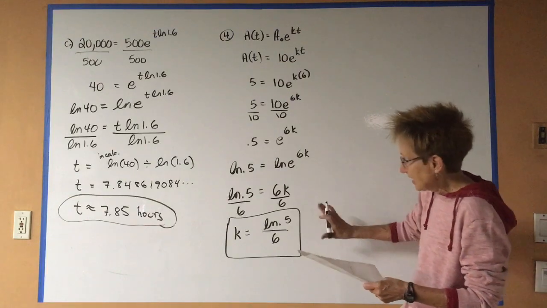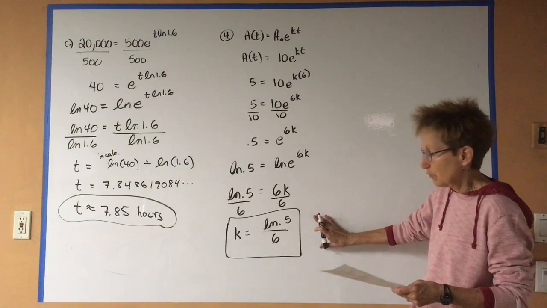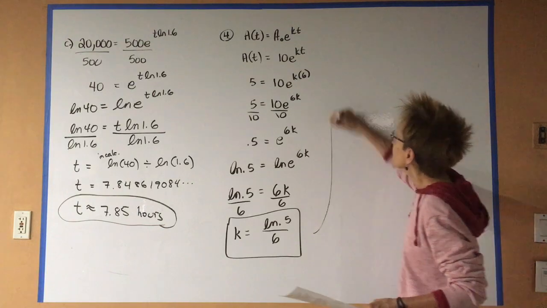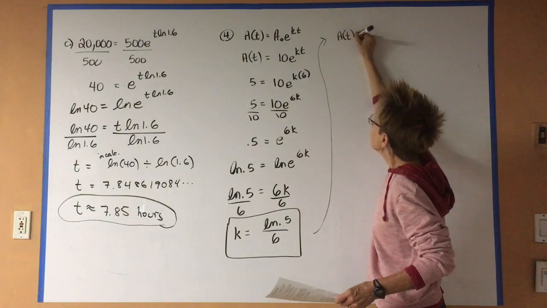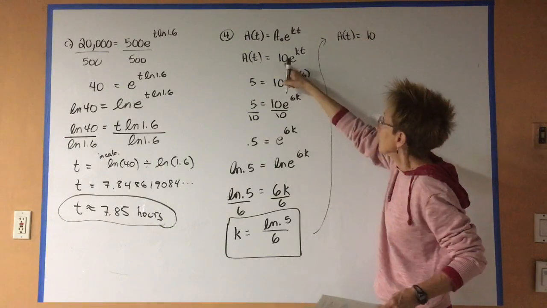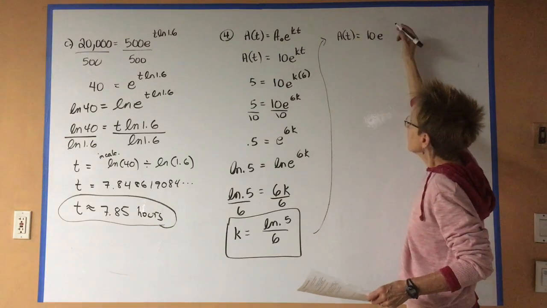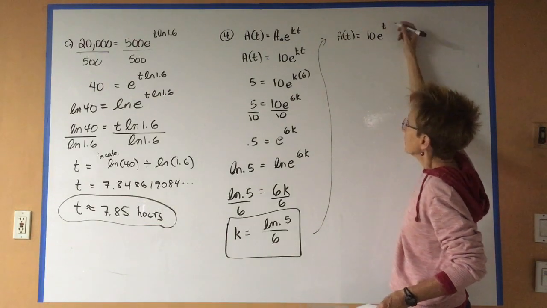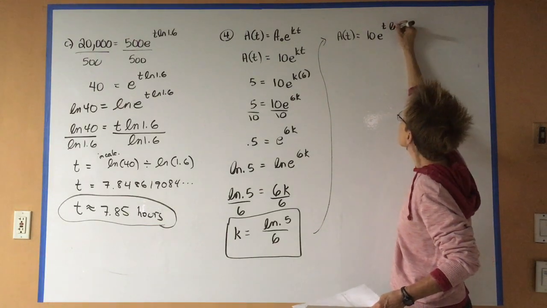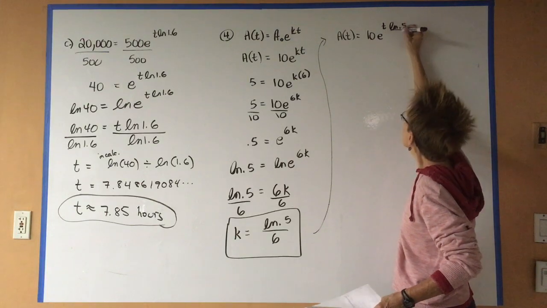So this is k. K is ln of 0.5 over 6. So that means that my formula now says A of t is equal to 10, the initial amount, times e to the kt. But again, t is usually easier at this point to put in the front, multiplying with the k, which is ln of 0.5 over 6.